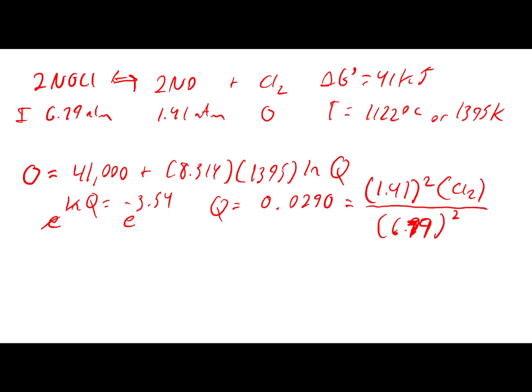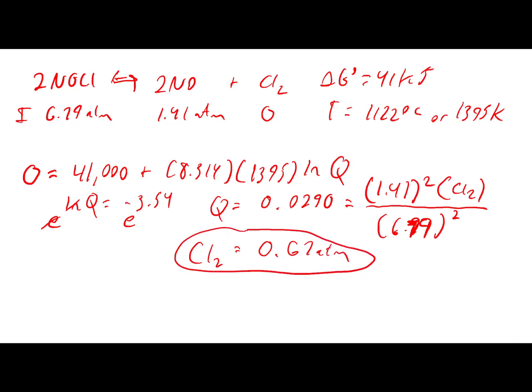If you rearrange this and solve for Cl2, you will get that the pressure of Cl2 must be equal to 0.67 atmospheres. So if we put at least 0.67 atmospheres of chlorine in this system, we will reverse this process, and instead of the pressure of NOCl falling in this system, it will actually rise.